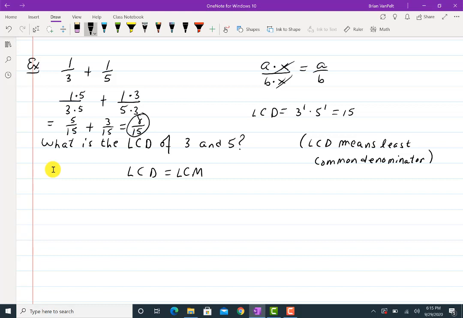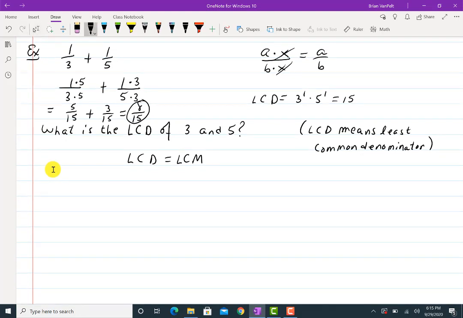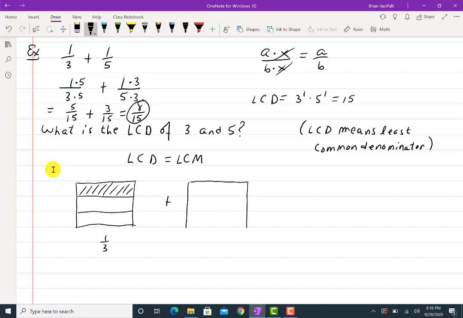Let me draw some pictures. So this picture here can be thought of as 1/3. For my next picture, what I'm going to do is this.